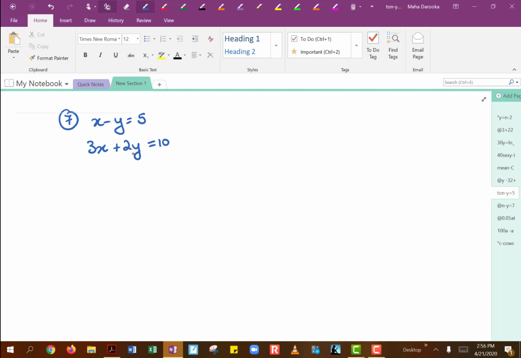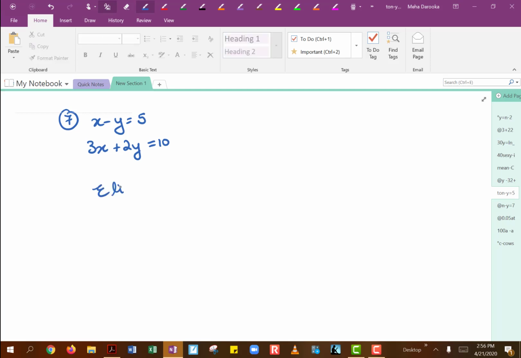Or if the y on the second equation is positive 2y, then the y on the first equation needs to be negative 2y. Since you will notice that my y variables already have opposite signs, I have minus y on the first equation and plus 2y on the second equation, I'm actually going to eliminate my y variable.